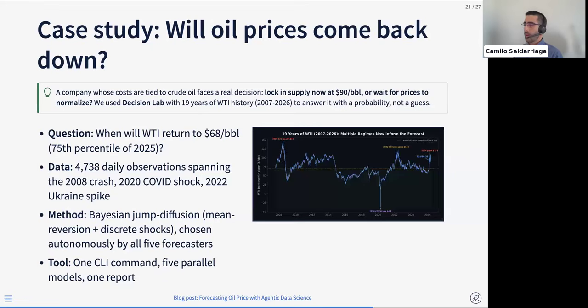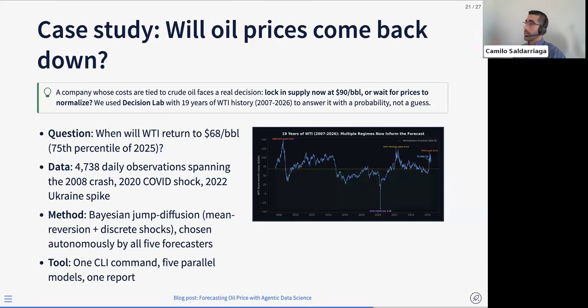And we tested one of these packs by posing one of the most relevant questions of the last months that we all have been suffering directly or indirectly, which is, knowing the historical trends and the historical behavior of oil prices, we asked these agents to build an analysis of what's going to happen and a set of predictions, a Bayesian model of what's going to happen during the next months with oil prices and when we'll come back to normality.